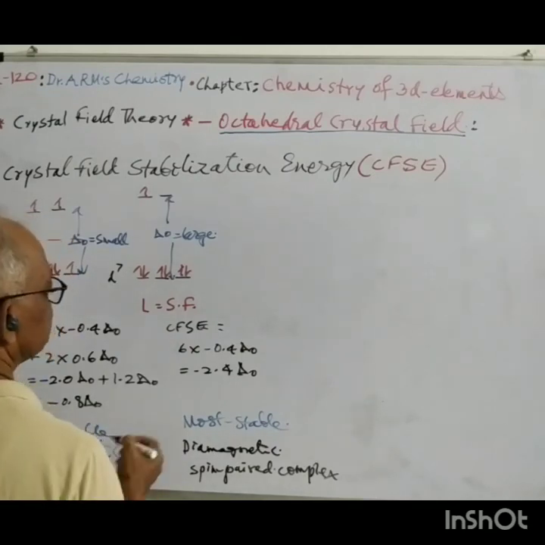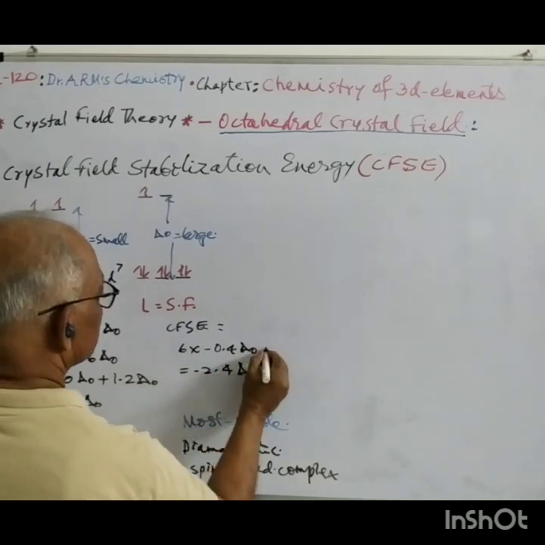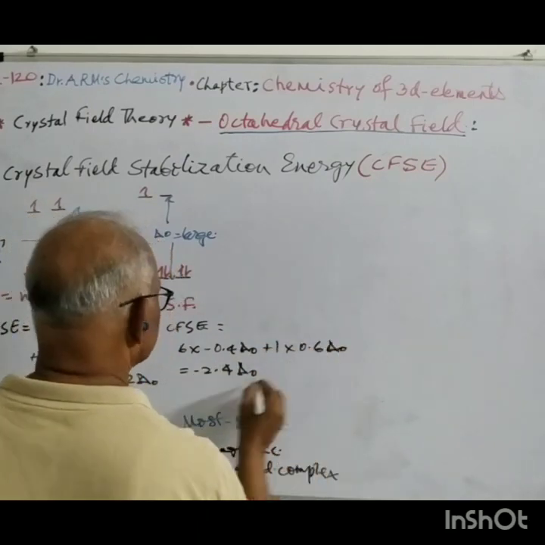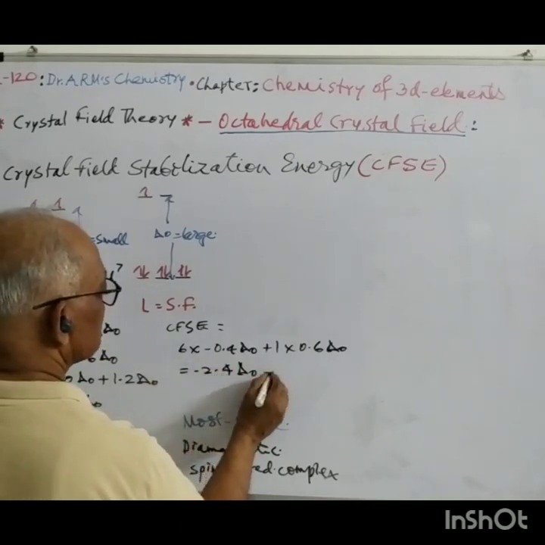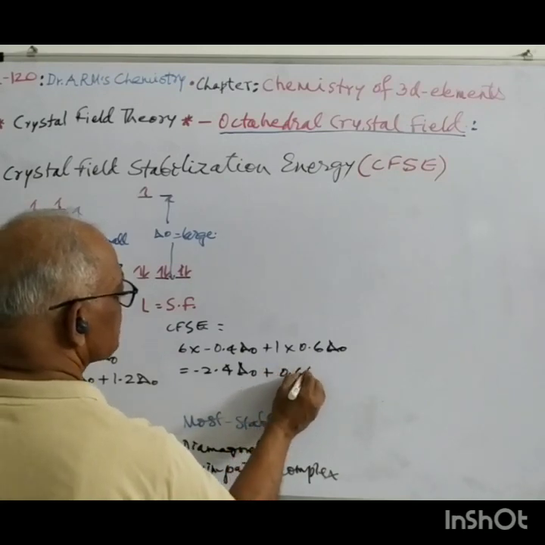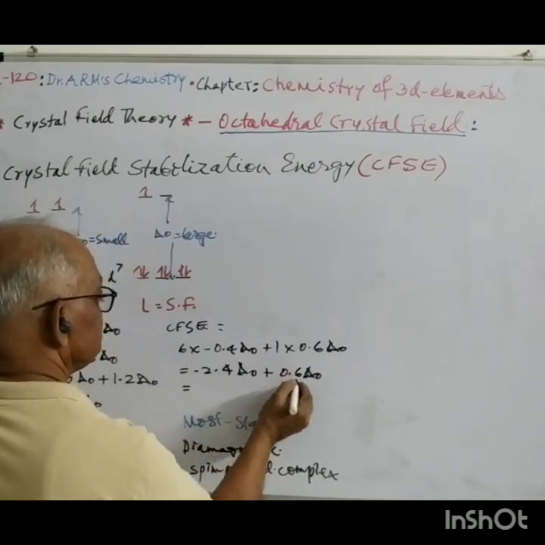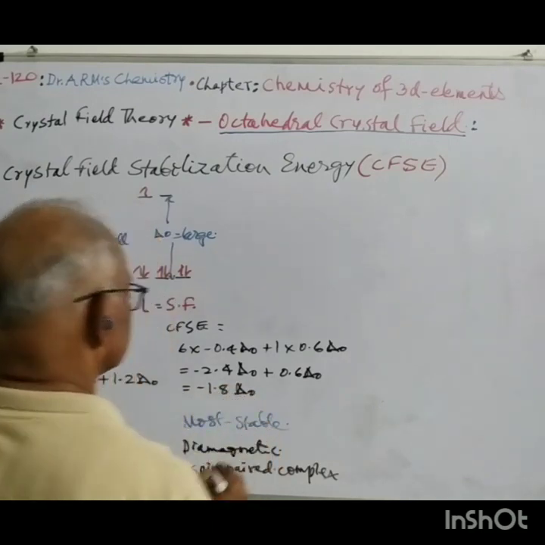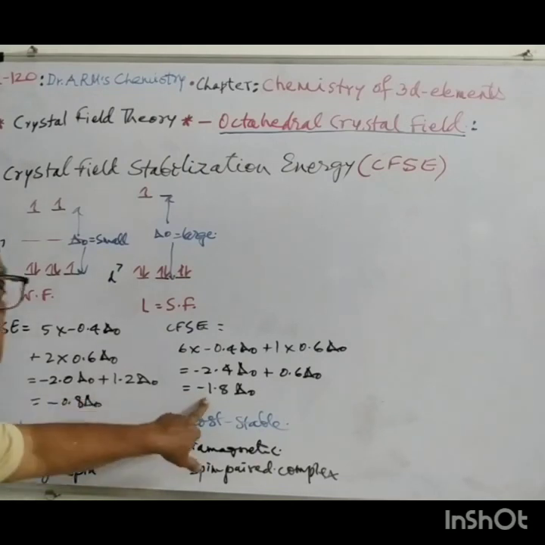Similarly, here we will find that 6 electrons are there, plus 1 electron, 1 into 0.6 delta O. So it will be 6 into minus 0.4, which is minus 2.4 delta O, plus 0.6 delta O. So it gives minus 1.8 delta O. Now if you compare, this is relatively less stable, this is more stable.